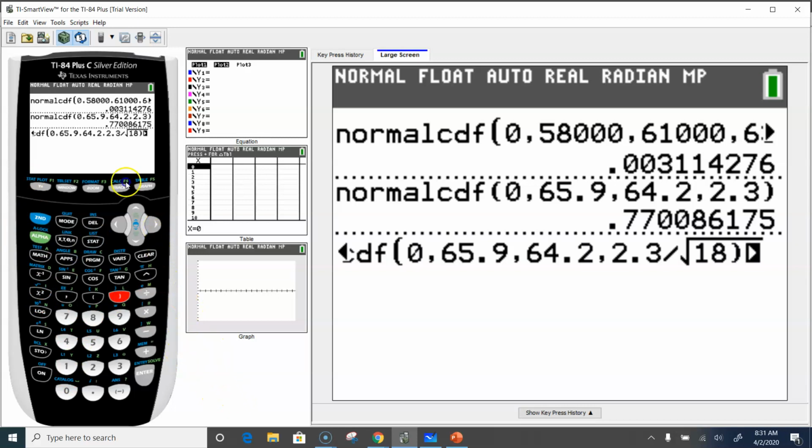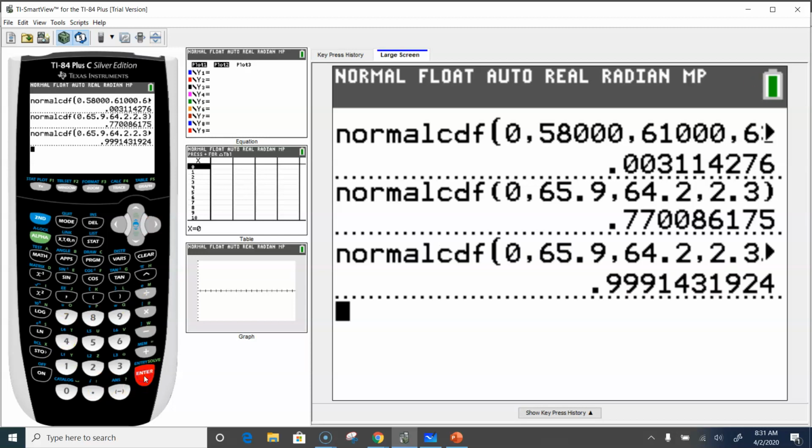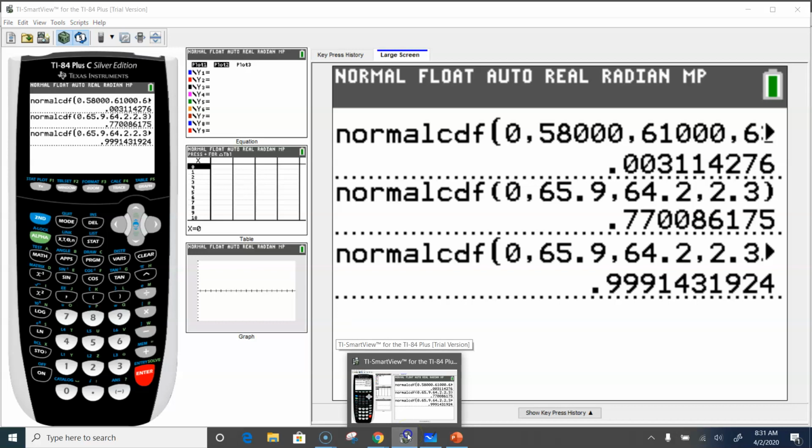I don't know if it's going to like that extra parenthesis there. Let's see. Delete that. Yeah, there we go. So we have to take that 2.3 and divide it by root 18, so we'll get a much larger probability, right? It's taking 18 women at a time. Their average height is going to tend to be a lot closer to the mean, so 0.9991.